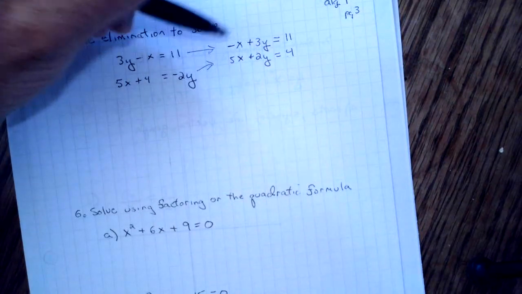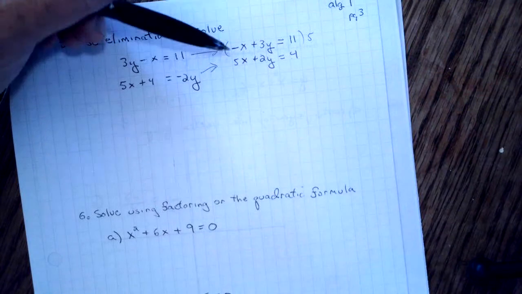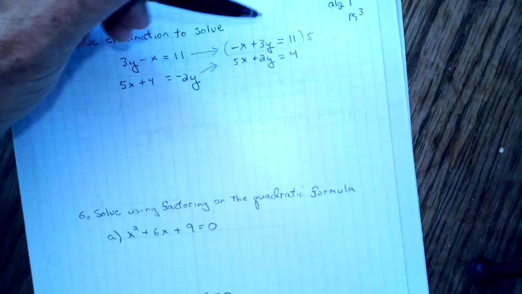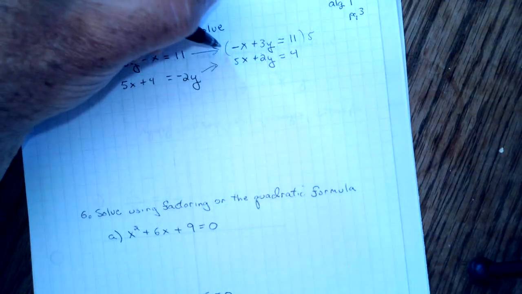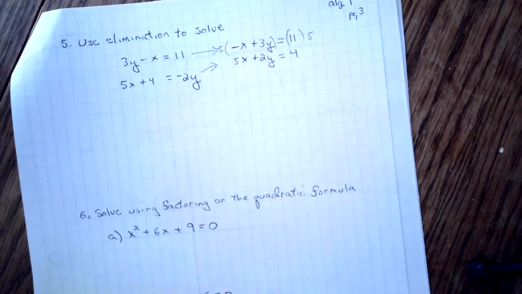So I'm going to pick this first one and multiply top and bottom times 5. So the top and bottom, left and right times 5. So multiply that times 5, multiply this times 5, and it doesn't change the equation, just makes it bigger.